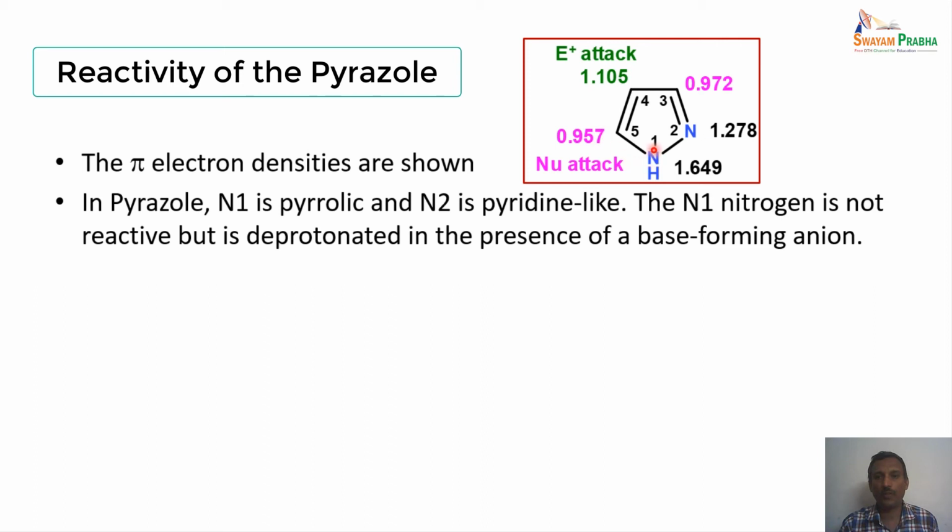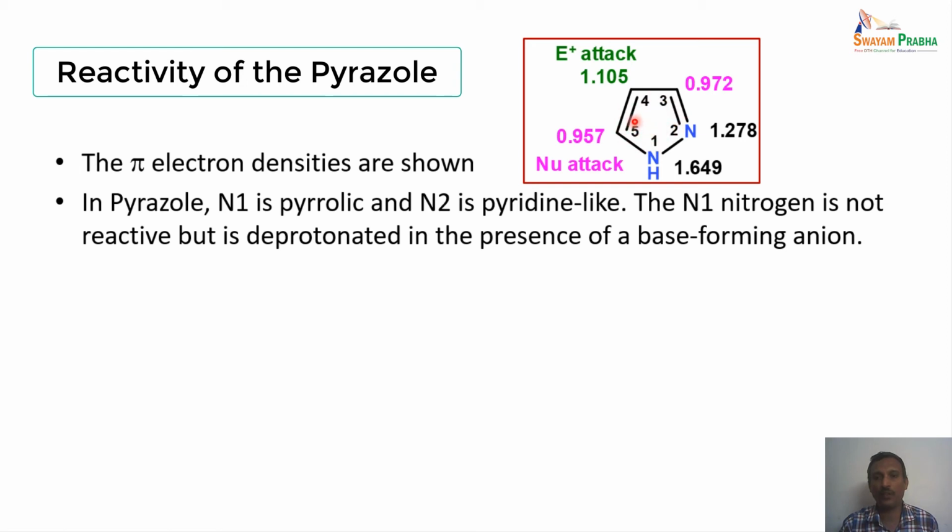We have N1, which is a pyrrole-like nitrogen, and another nitrogen which is a pyridine-like nitrogen. That means the lone pair of electrons is available on this nitrogen alone, and in the case of the pyrrole-like nitrogen, the lone pair of electrons is involved in the pi sextet formation.